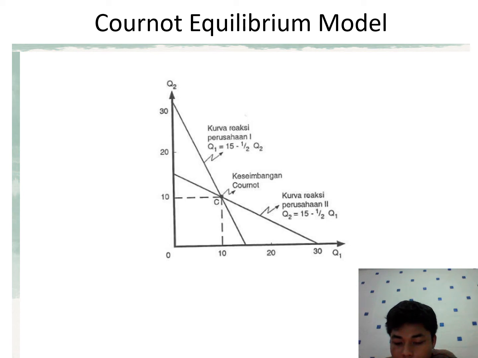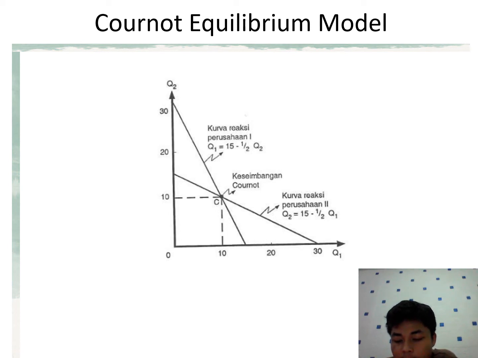At Cournot point, there is a stable equilibrium. Any movement away from that point will drive it to return to the equilibrium point, where each makes 1/3 of the total industry output.